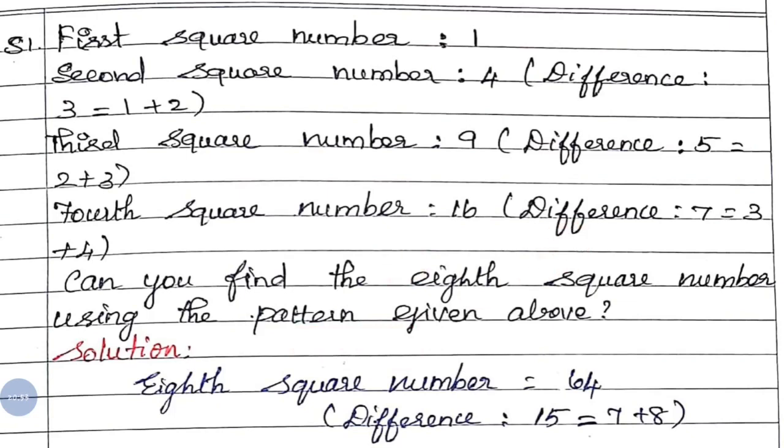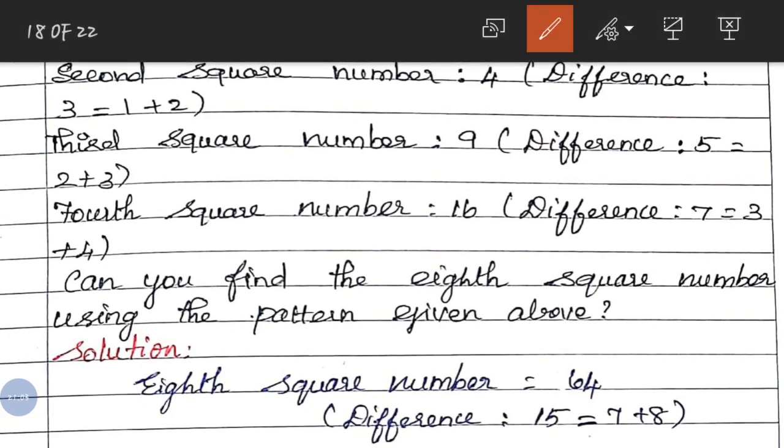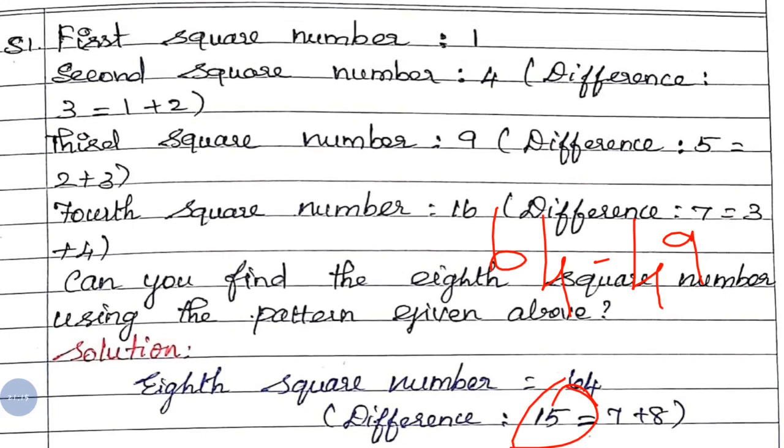So here the 8th square number is 64, and we know the 7th square number. What is the value of the 7th square? That is 49, since 7 squared is 49. Now if you subtract 64 minus 49, you get 15. So 15 will be the difference. Okay, and just look at this pattern.